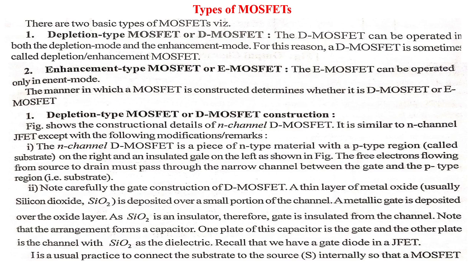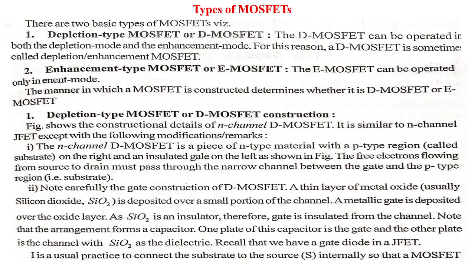It's a low power consumption and high yield device. Two types of MOSFET we know, that is N channel MOSFET and P channel MOSFET. Now see the first, depletion type MOSFET or DMOSFET.